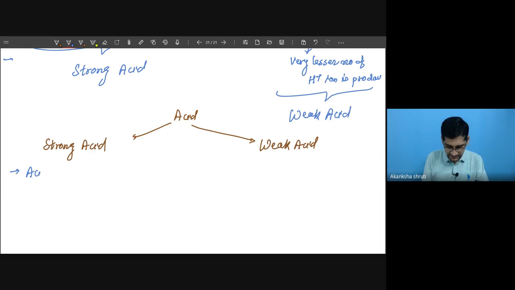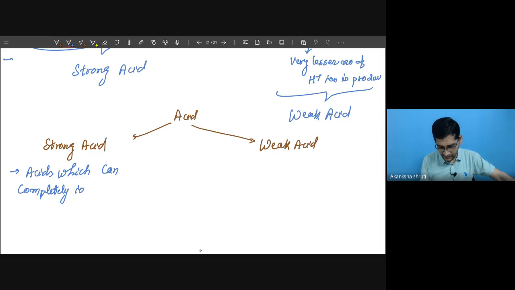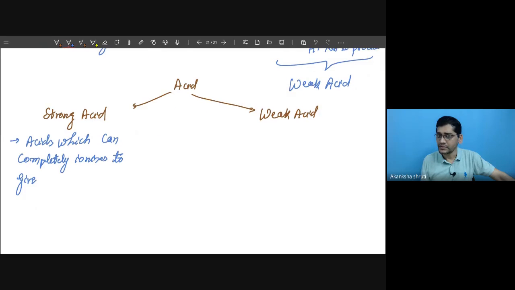So acids which can completely ionize to give H plus ions, or readily give H plus ions. Ultimately, the stronger it is, the more completely it will ionize, so more hydrogen ions will be produced. So more H plus ions.